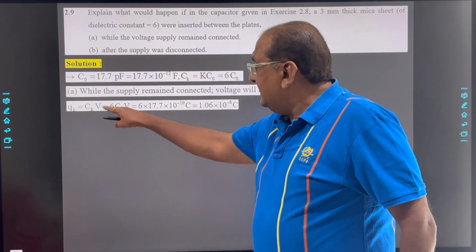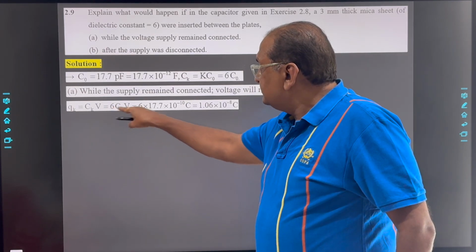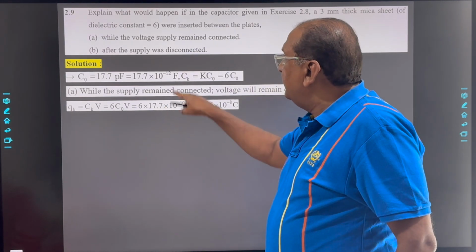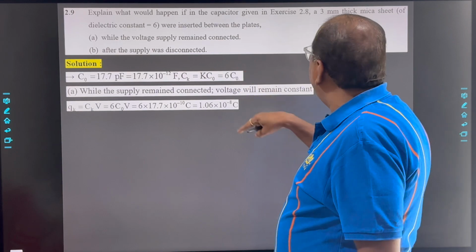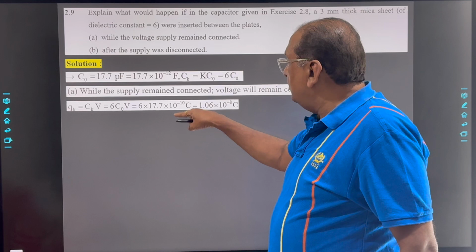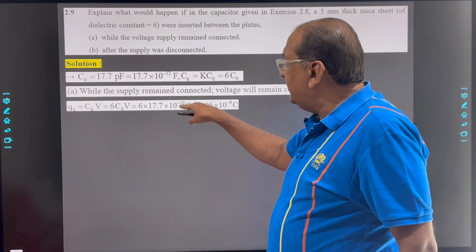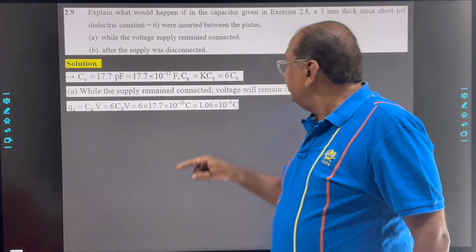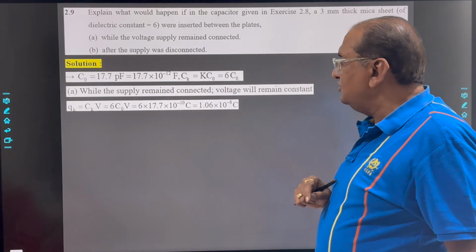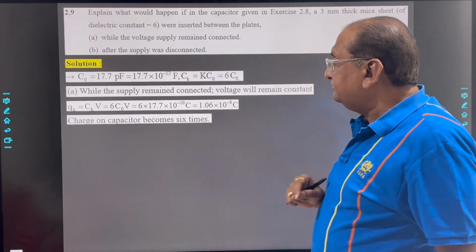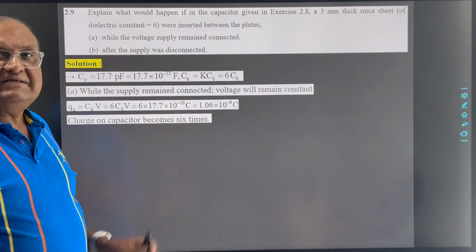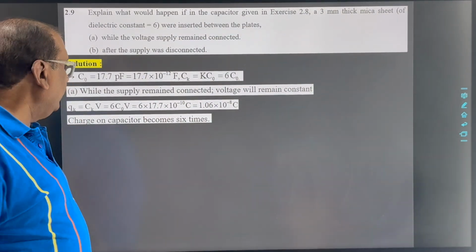So Ck is 6C0, so 6C0 is 17.7 into 10 raised to minus 12 into supply voltage previously given to you, 100 volt. If you solve this one, you will get 1.06 into 10 raised to minus 8 coulomb. Now charge on capacitor becomes 6 times the initial one.